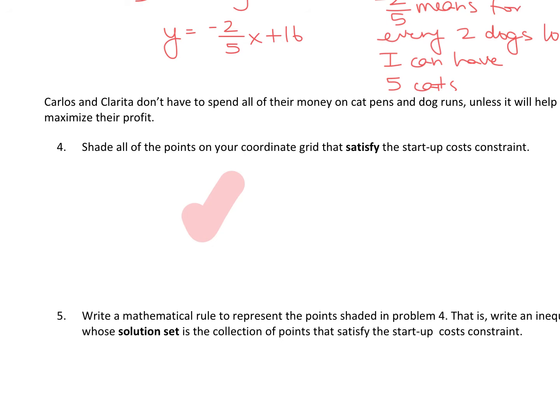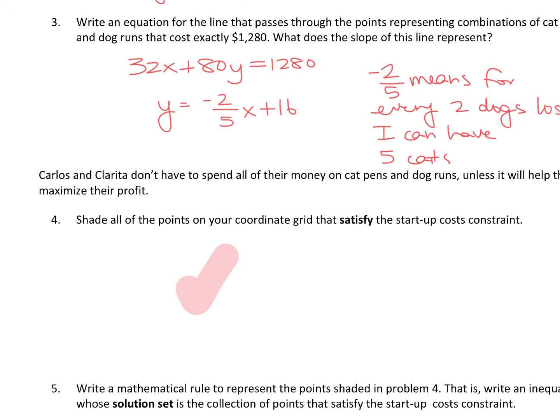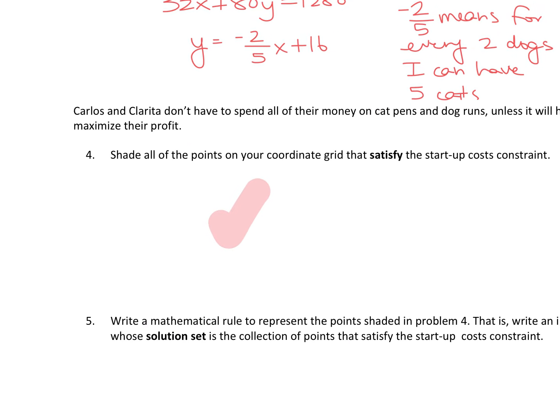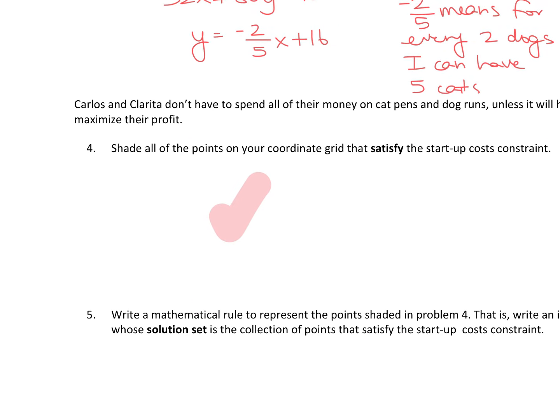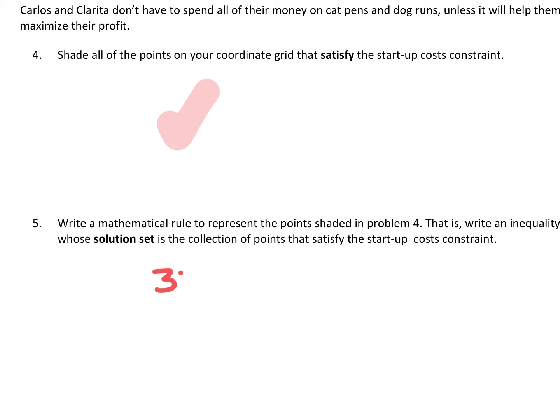Now write a mathematical rule to represent the points shaded in problem number 4. You know what? I think we can write an inequality that pretty much looks like number 3. Either of the equations in number 3. But instead of an equal sign, we'll turn it into an inequality symbol. So 32x plus 80y, and instead of equals, we shaded below, so we're going to do less than or equal to 1280.